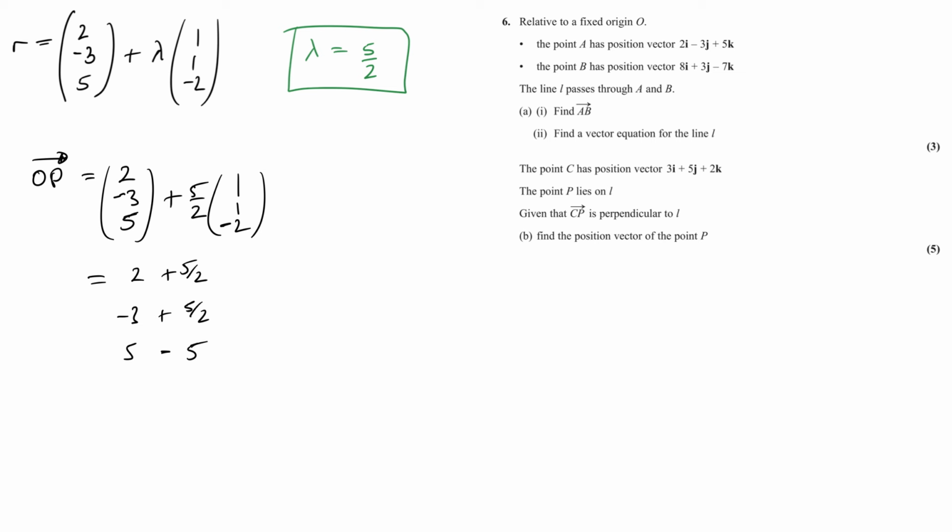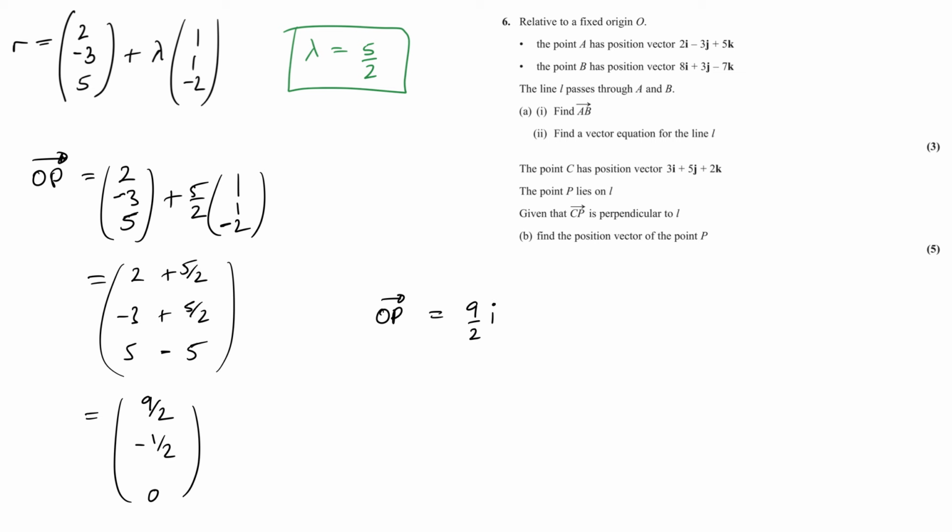Minus 5. So our position vector is 9 over 2, minus a half, 0. Or we can call it 9 over 2 i minus 1 half j.